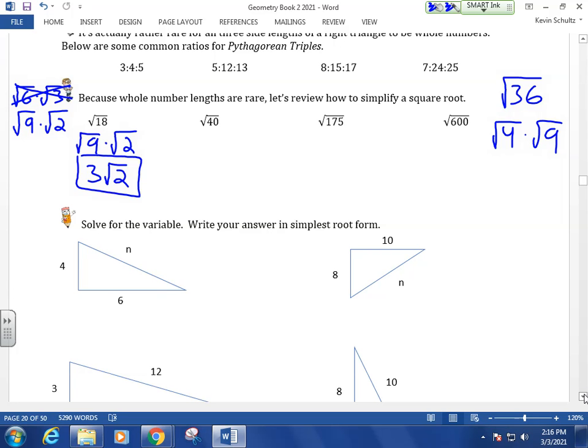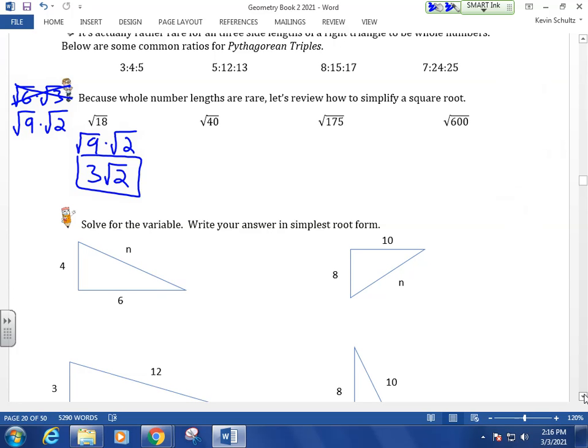If you can simplify both of them, which you can here to be 2 times 3, which is 6, that means you had a perfect square to start with, because the root of 36 is 6. So you'll only be able to simplify one of those factors, and that's what you are looking for.